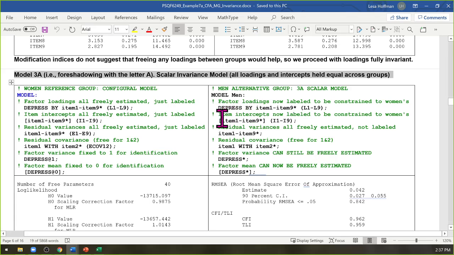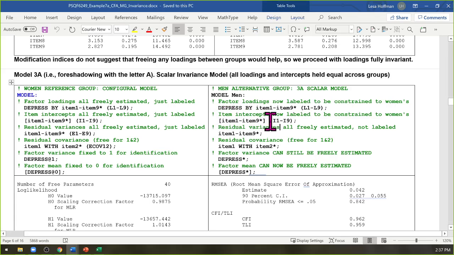So what's new is adding the labels to the intercept line on the alternative model for the men on the right that are being used for the women's reference group on the left. So we are saying that the intercept for item 1, which has the label I1, is now the same in women as it is in men. The intercept for item 2 is the same across groups, and so on.